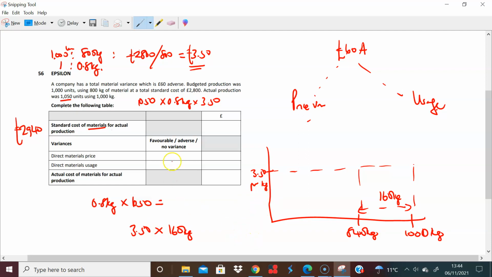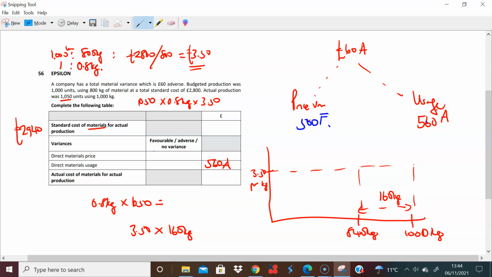So I know your usage variance is 560 adverse. Now this automatically means that if this is 560 adverse and the total variance is 60 adverse, the price variance must have been 500 favorable. That's what must have happened.